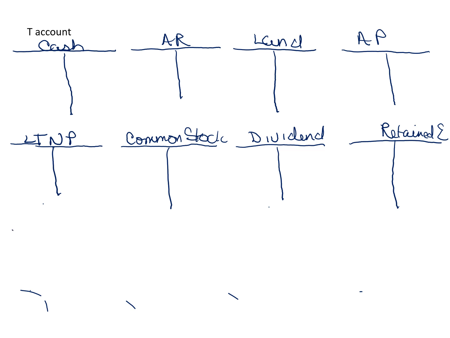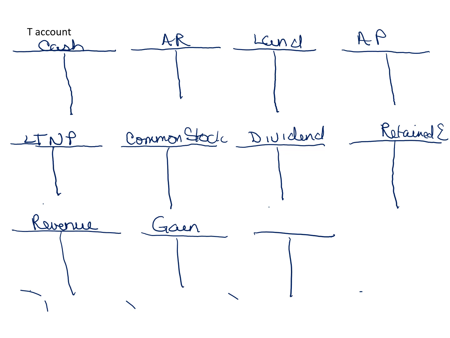We had a revenue account. We had another revenue account called gain. And we had expenses. So I think I've got them all, and let me clean up my little doodles.